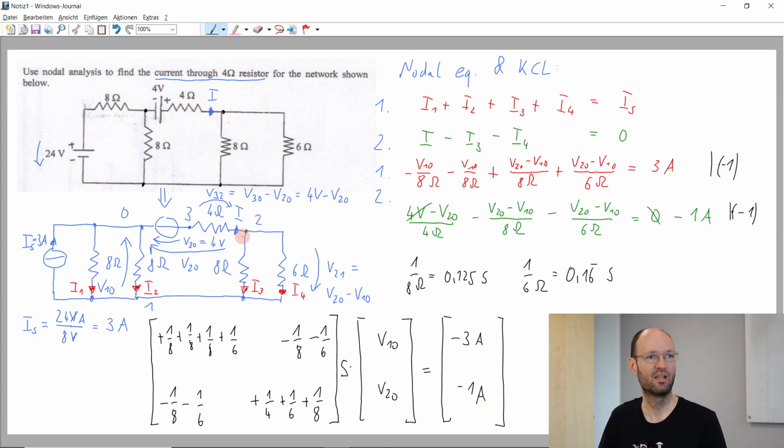I need to change the sign here from minus into plus, because this would flow towards this node. So good that we checked, that we found this mistake in the sign.